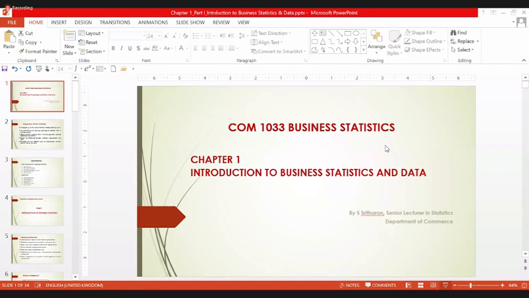You will be able to define important statistical terms, including population, sample, parameter, and statistic. Explain the difference between variables, measurement, and data. Compare the 4 different levels of measurement: nominal, ordinal, interval, and ratio.